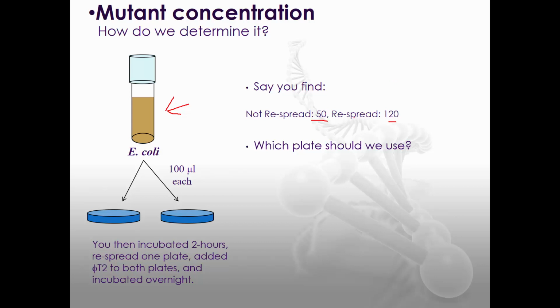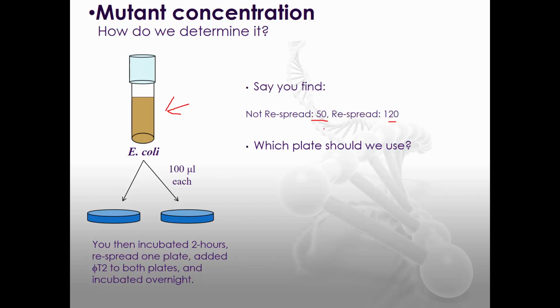So there weren't really 120 mutants in that initial sample, were there? There were 50 mutants. And so 120 is inaccurate. So is the average between 50 and 120, and so is 170 per 200 microliters, which is just the average, or 170 per 100 microliters. All of those are wrong.